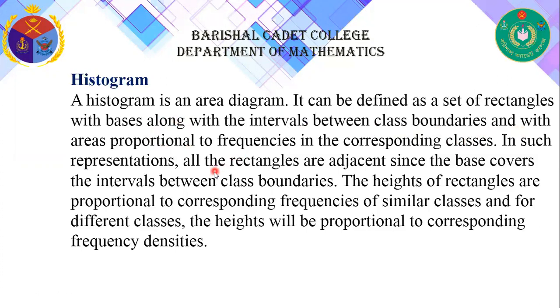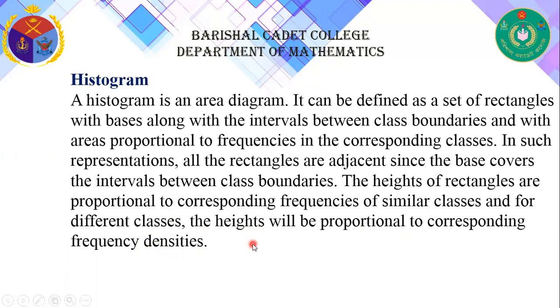In such representation, all the rectangles are adjacent since the base covers the intervals between class boundaries. The heights of rectangles are proportional to corresponding frequencies of similar classes. For different classes, the heights will be proportional to corresponding frequency densities.